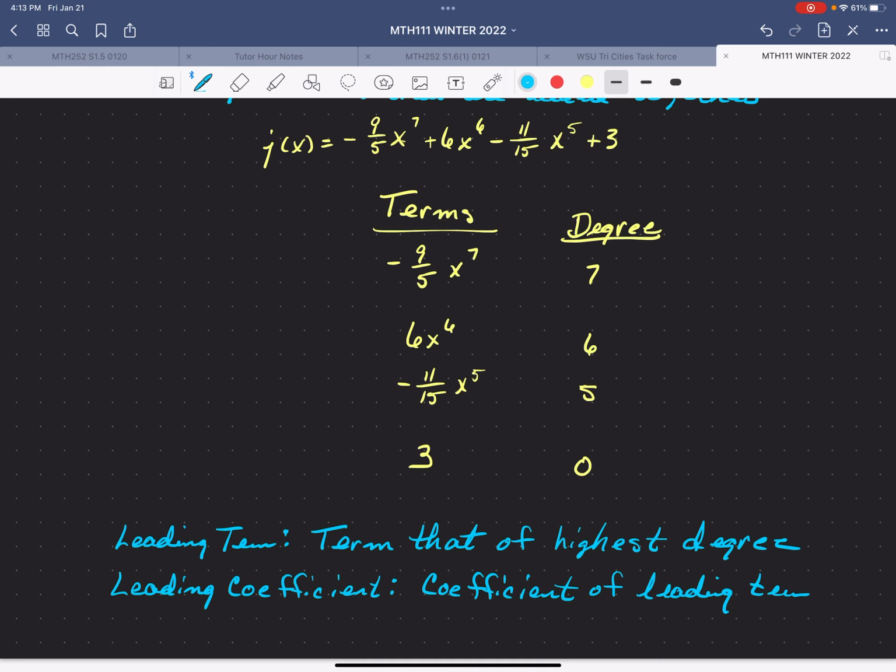Okay, let's just do some practice with this vocabulary a little bit. So let's look at the function g of x is 12x plus 3x squared. So the degree of this polynomial is 2, because I have an exponent of 1 and an exponent of 2.